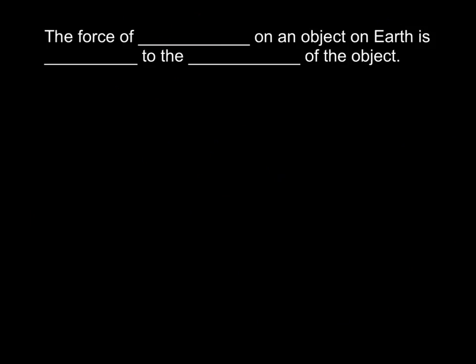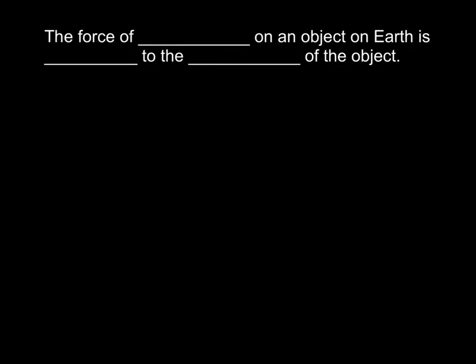A couple more side notes about the force of gravity. In our last lesson, we learned about gravity, and we also learned the difference between the word mass and the word weight.